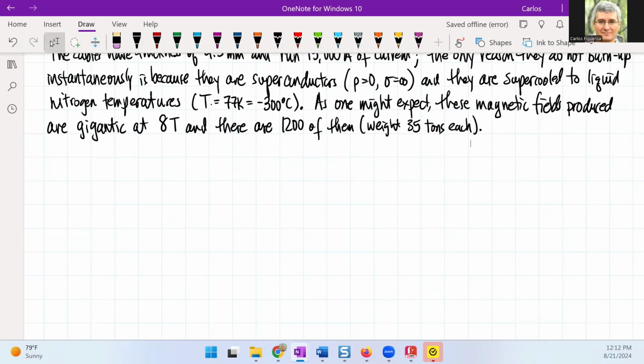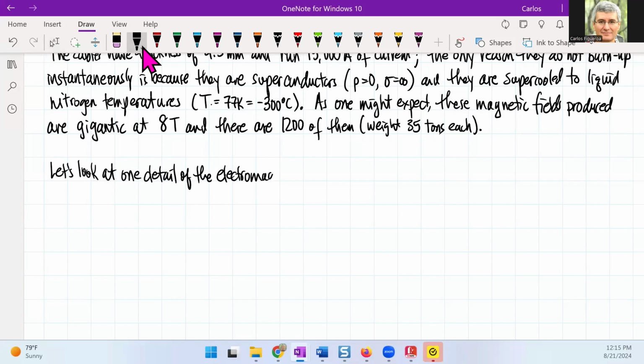So how do I look at that? Let's look at one detail of the electromagnet. So we have a magnet, and its whole goal is that it wants to steer the beam. So we imagine that we have our copper pipe coming through here.